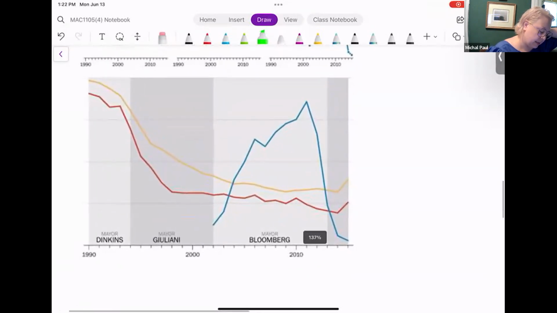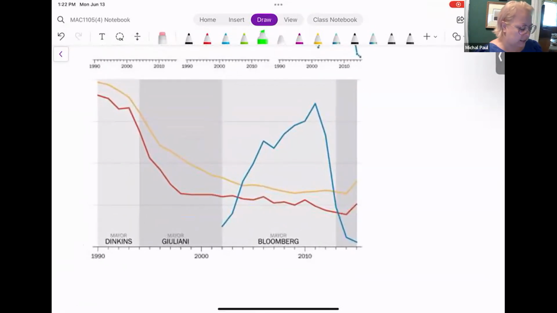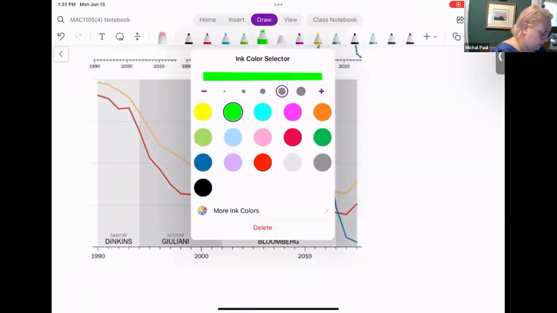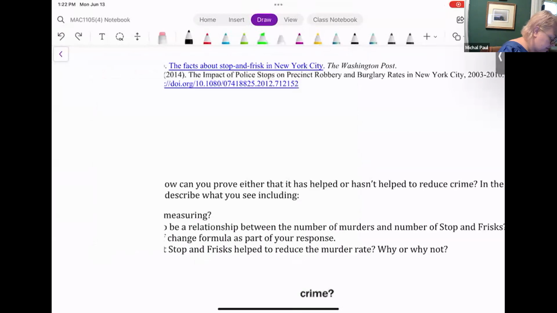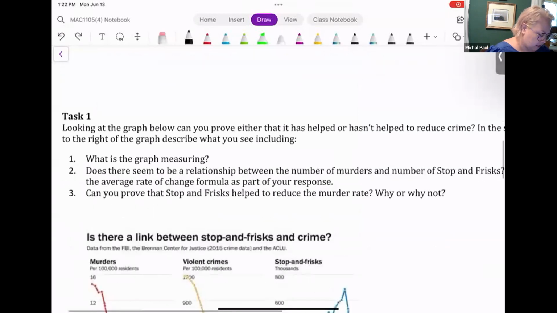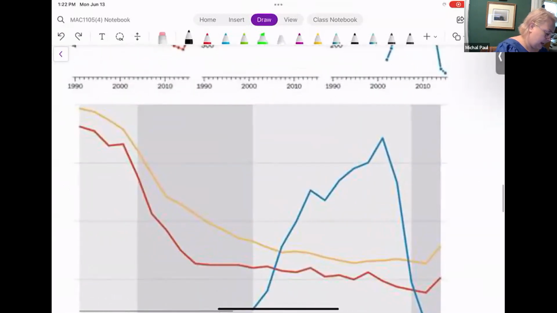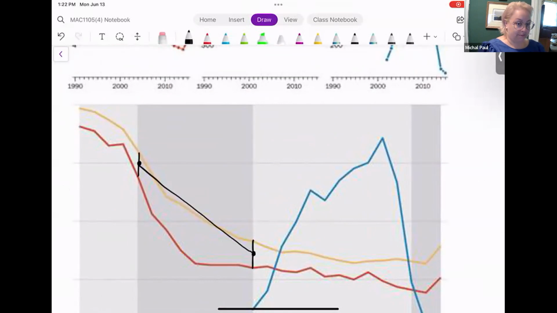So what we want to do is you can notice that around about here, it looks like the trend in stop and frisks, if I'm just looking maybe at the midpoint of those lines and the midpoint of these lines, I can kind of see I have one slope, right?